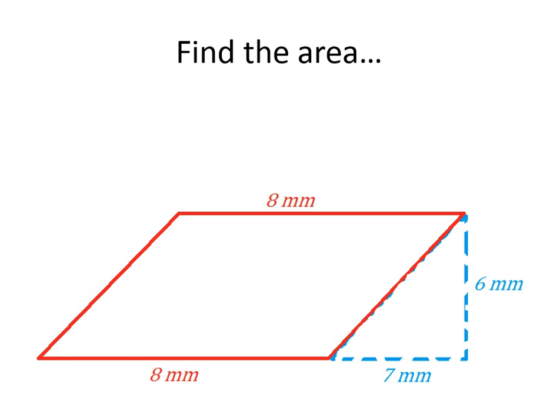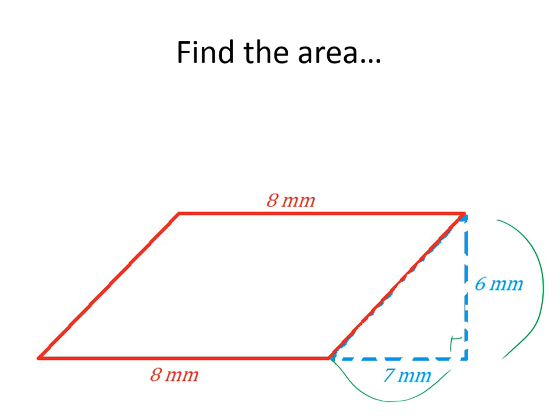So find the area of this one. As you see, we've got a parallelogram where one side is 8 millimeters, and then we have this line coming down, which is 6 millimeters, and the length from the end of this base up to where the altitude touches is 7. And now the question is, well, what is the area?